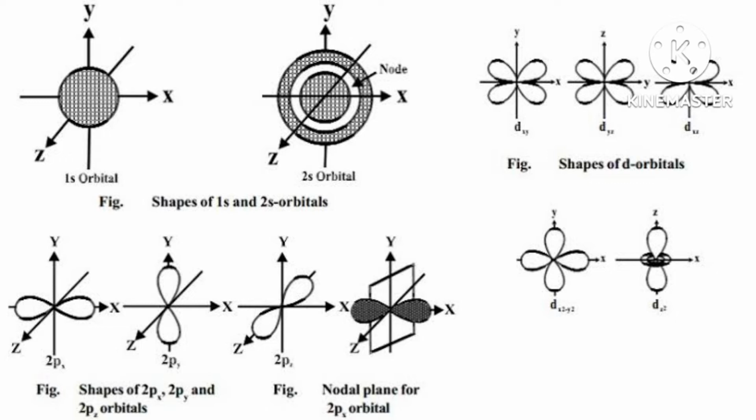It may also be noted that for the 1s orbital, the probability density is maximum at the nucleus and it decreases sharply as we move away from it. On the other hand, for the 2s orbital, the probability density first decreases sharply to 0 and again starts increasing.